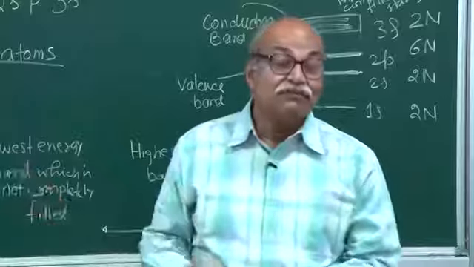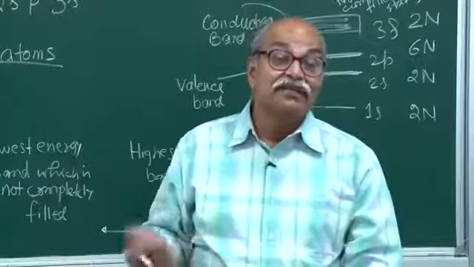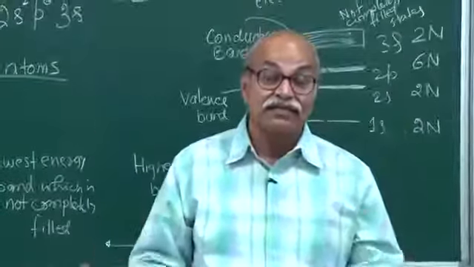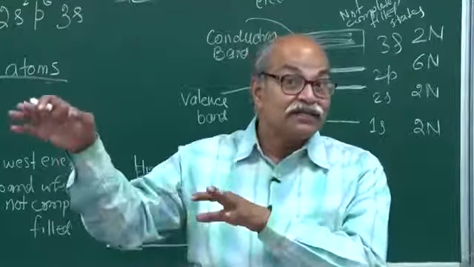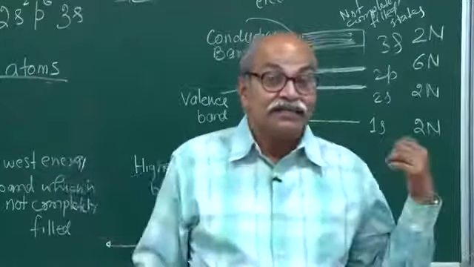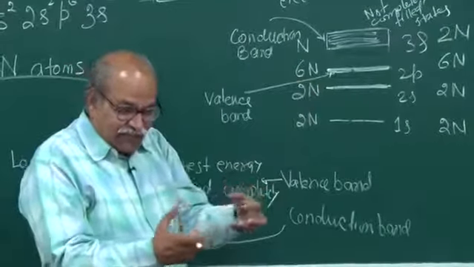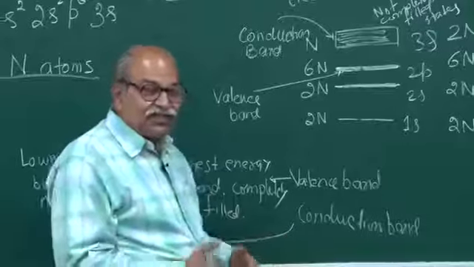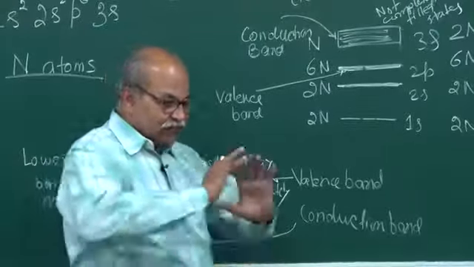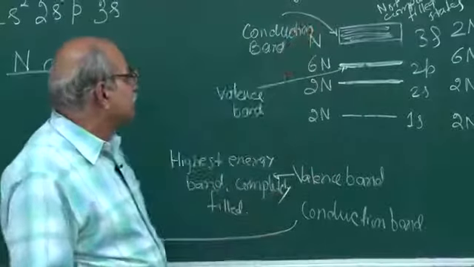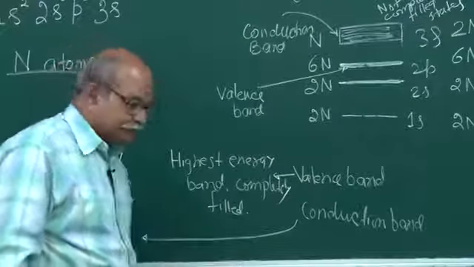So that is what we mean when we say that these are free electrons, they are free to move in the entire solid material. So this is why it is called the conduction band, and below that you have the valence band. They are all electrons attached to the nucleus, to that crystal. The wave functions are more localized. So this is how the thing happens.